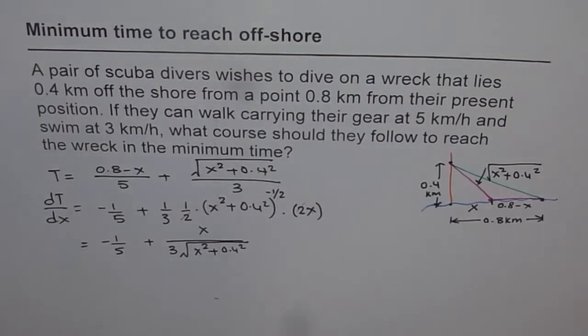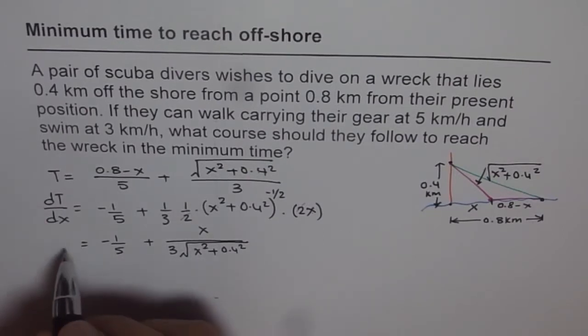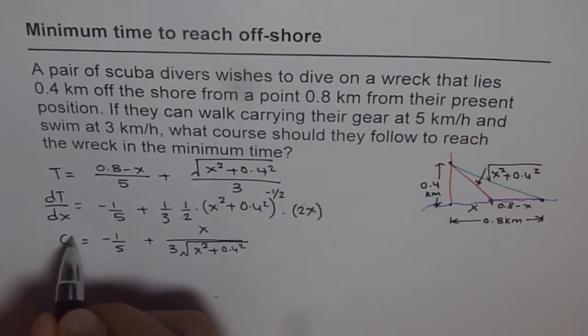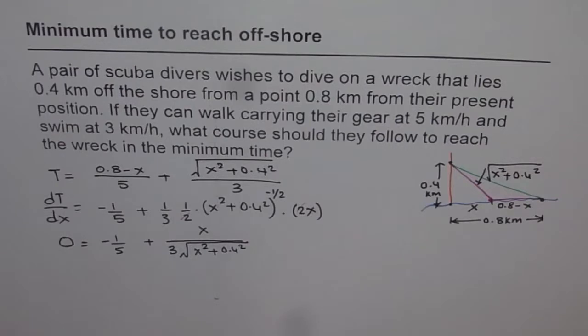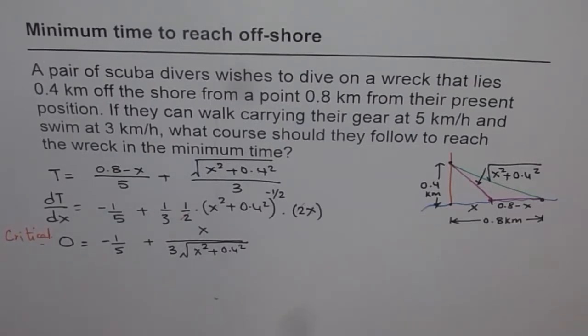Now for minimum or maximum, or rather critical point, dt dx should be 0. So let's equate it to 0 and find that critical point. So we are trying to find the critical point now. Therefore we equated this to 0, right? Now when you equate this to 0, you can take it on this side and then multiply by 3.